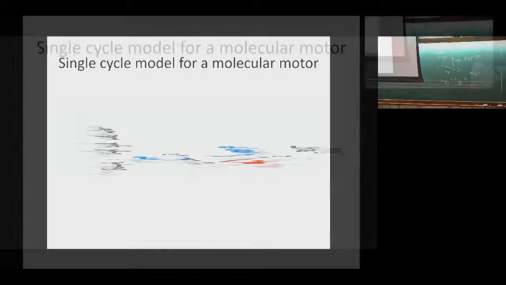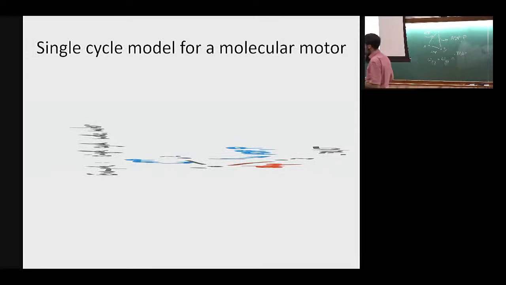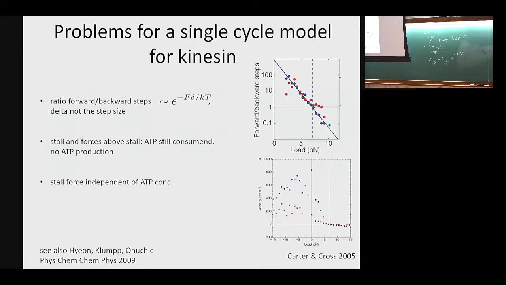Okay, this is for a single cycle, and if you have more than one cycle, things become more complicated. One thing I don't want to go into in detail, but there was a discussion maybe 15 years ago or so about the kinesin motor, whether there is one cycle or more than one cycle.